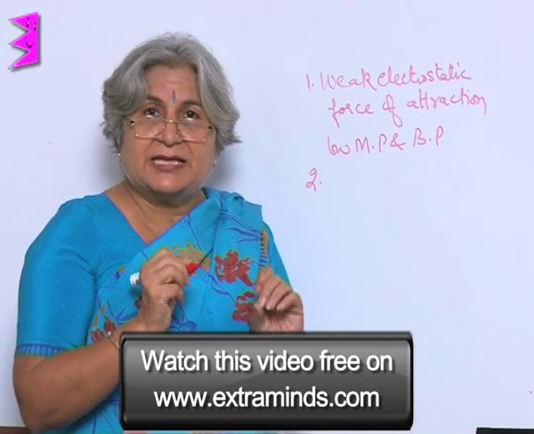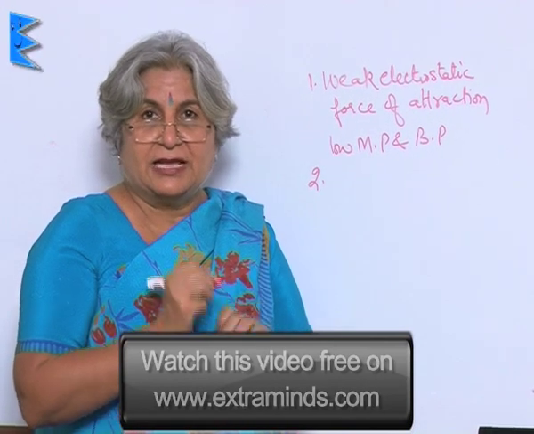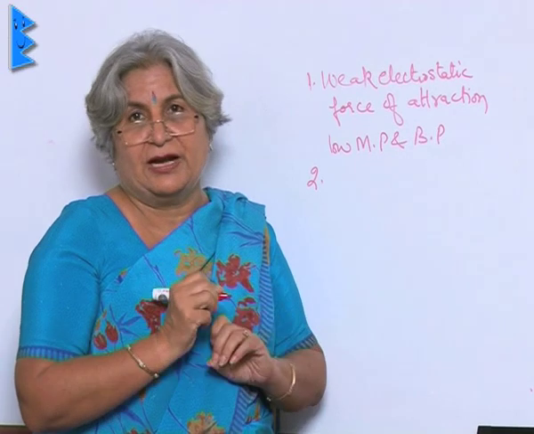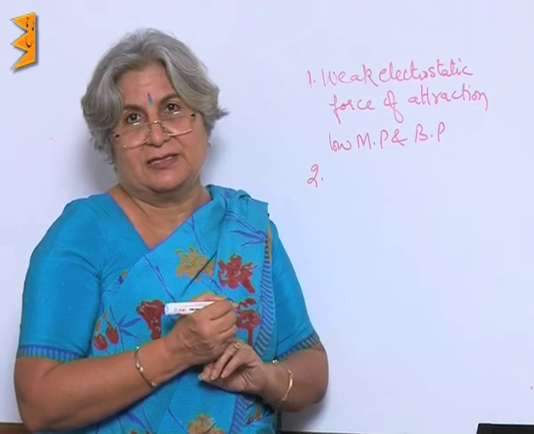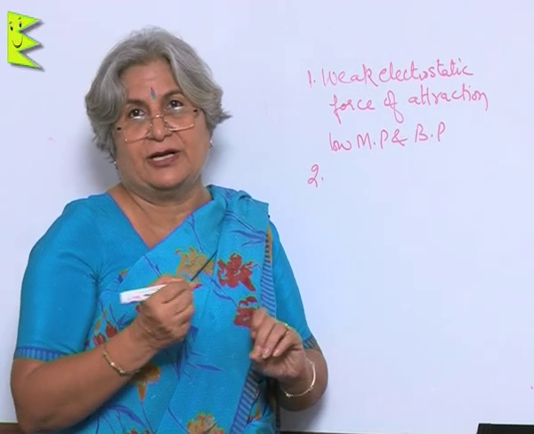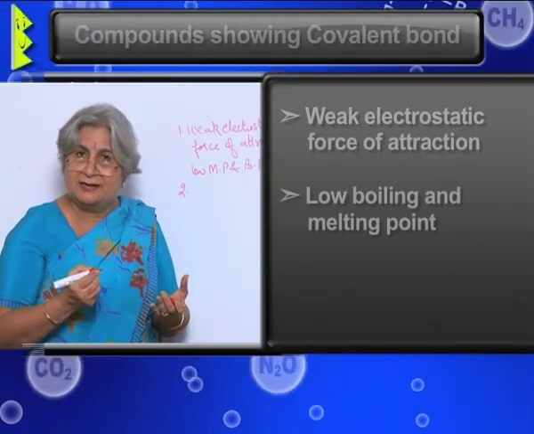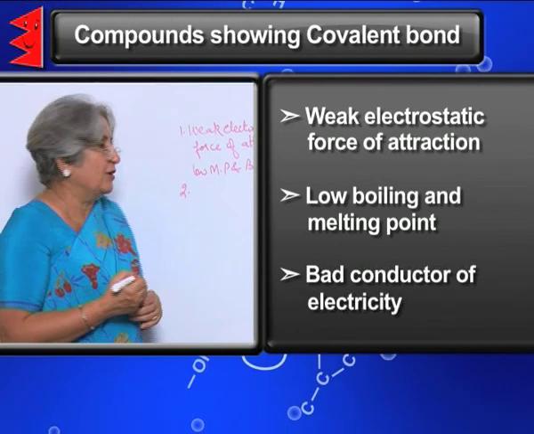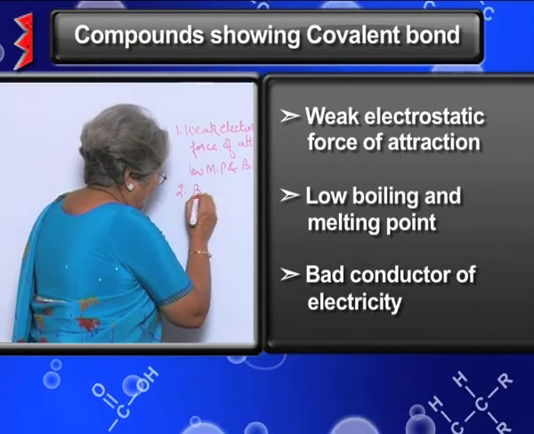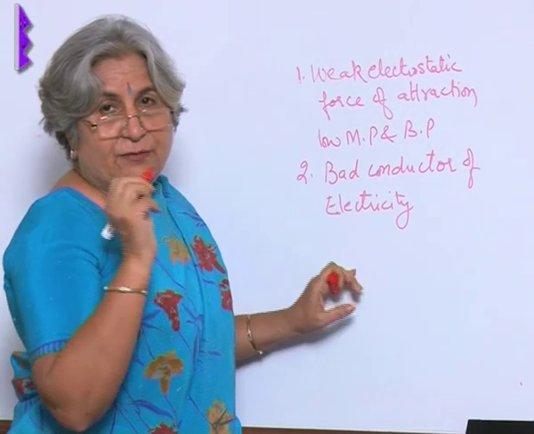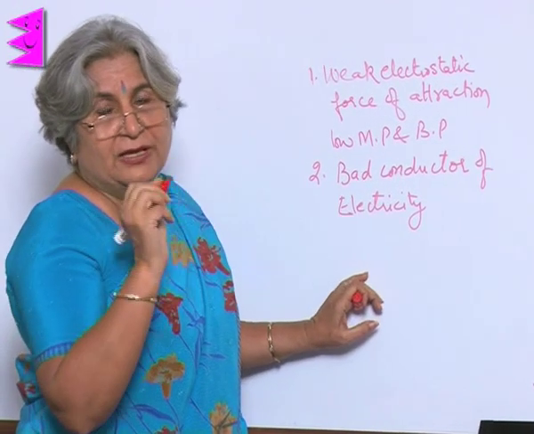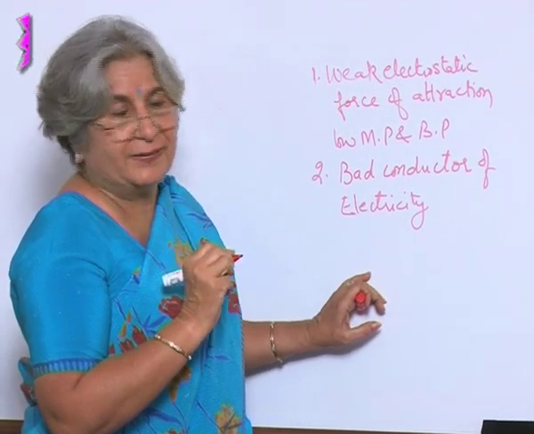Secondly, because there is sharing of electrons, there is no loss or gain of electrons, there is no formation of charged particles. There are no anions or cations. So, what is the result? It is a bad conductor of electricity. In the case of ionic compounds, in their molten state or solution form, they are good conductors of electricity.